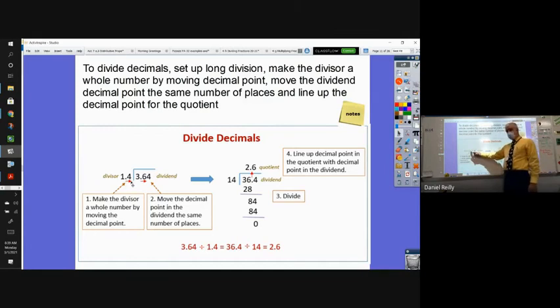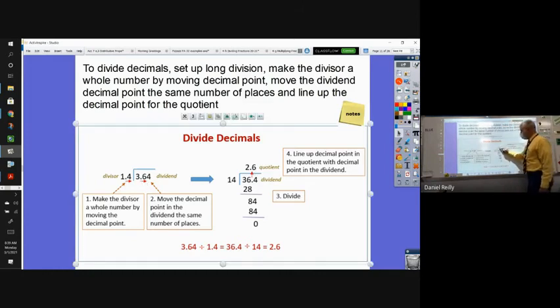So you move this decimal point however many places you have to move to get a whole number, and you move this decimal point the same amount of places. So this one moves 1 to the right, this one moves 1 to the right. You put your decimal point up where your answer goes, and then you do long division, which I'm not going to go over right now.